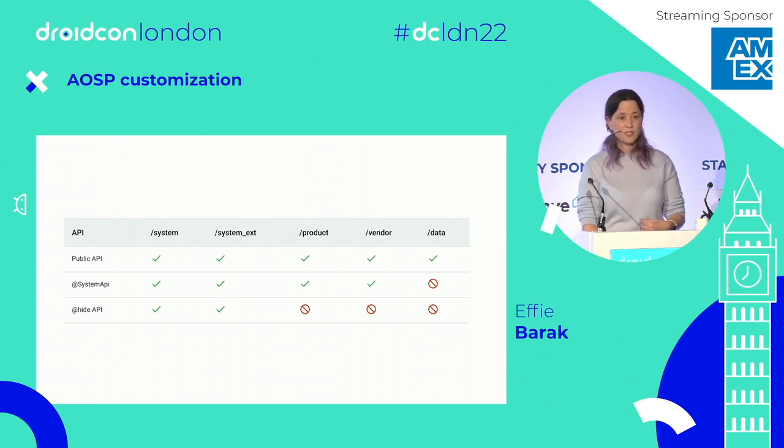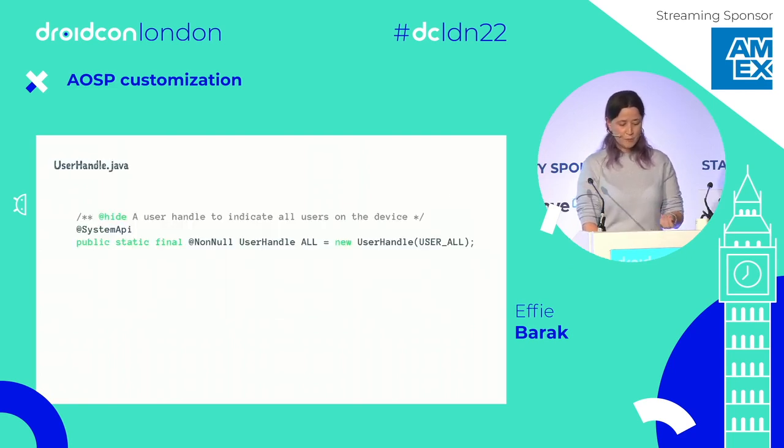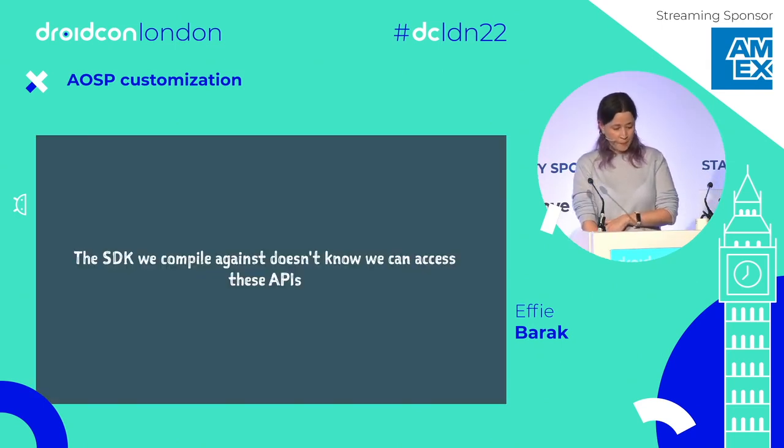We don't have to change the SDK for this to work on the AOSP side. But we have to trick our local Gradle build into thinking that these APIs even exist, because the public SDK doesn't have them. Android Studio doesn't recognize them, because as far as Android Studio is concerned, they don't exist.